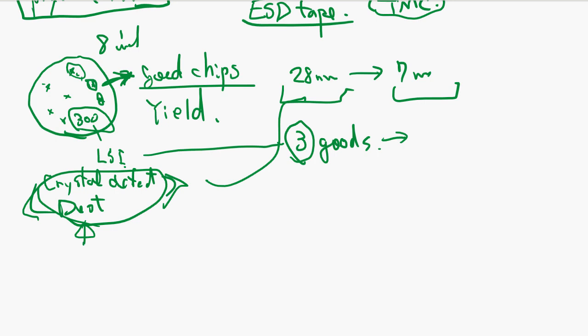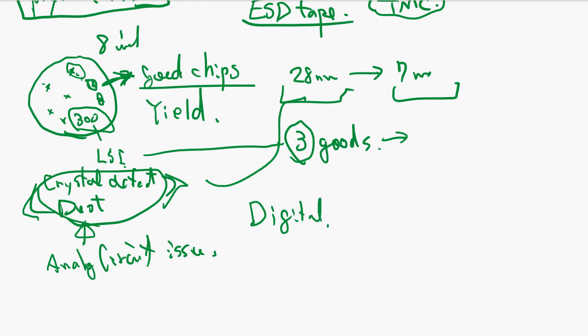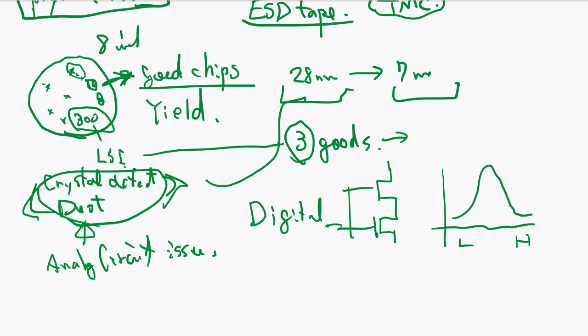It's not because of this. This is a circuit, analog circuit issue. Wait a minute, this is a digital design. Digital, why is analog coming in? Well, the gate is an amplifier, okay? And when you switch from low to high, the current flows like this.